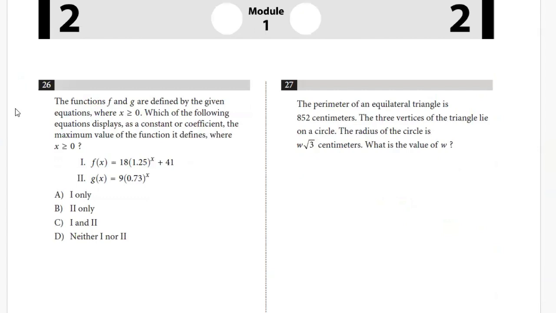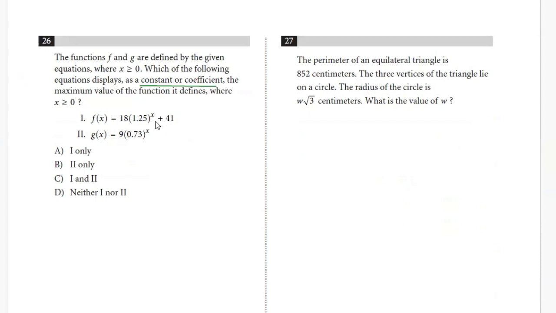Okay, the functions f and g are defined by the given equations where x is greater than or equal to zero. Which of the following equations displays as a constant or a coefficient the maximum value of the function where x is greater than or equal to zero? Since this one is an increasing exponential function, we cannot represent the maximum as a constant or coefficient.